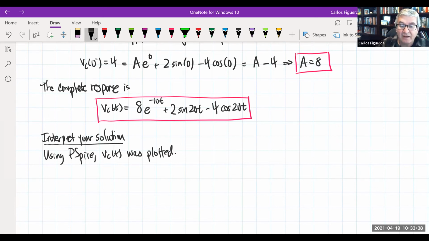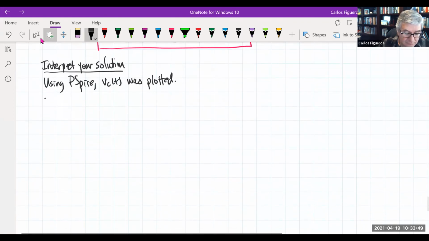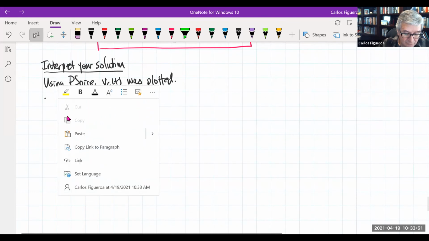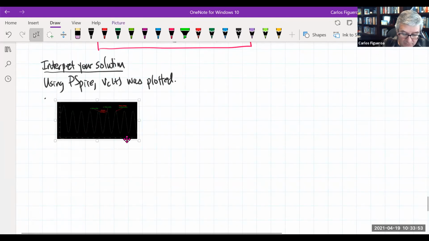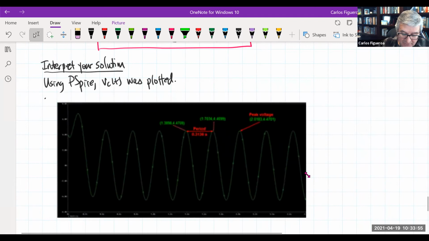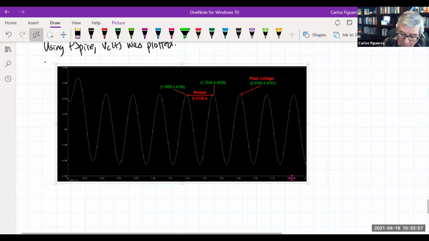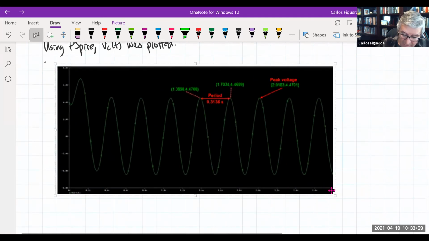Unfortunately, I didn't convert this, which I should have, but it looks something like this. It's in black, unfortunately, which is terrible. So I'm just going to highlight it so that you can see it a little bit better.